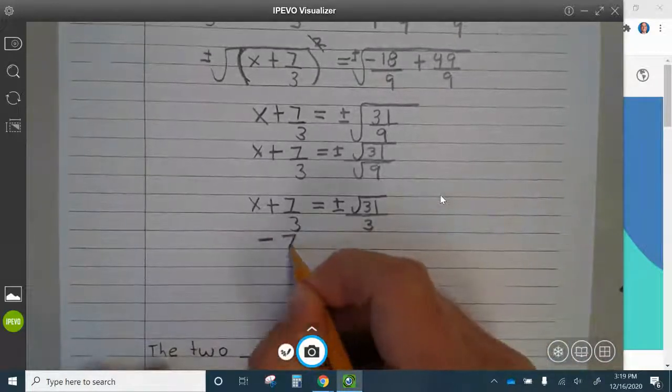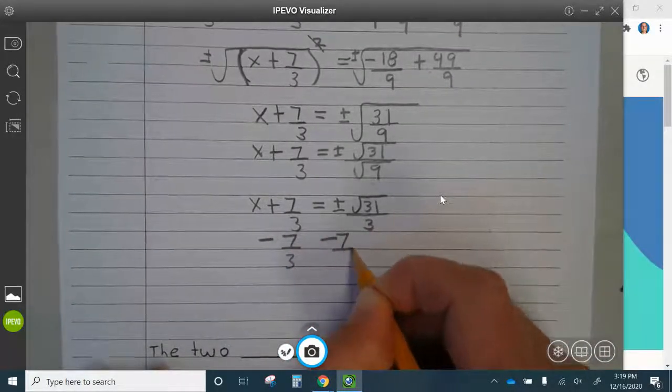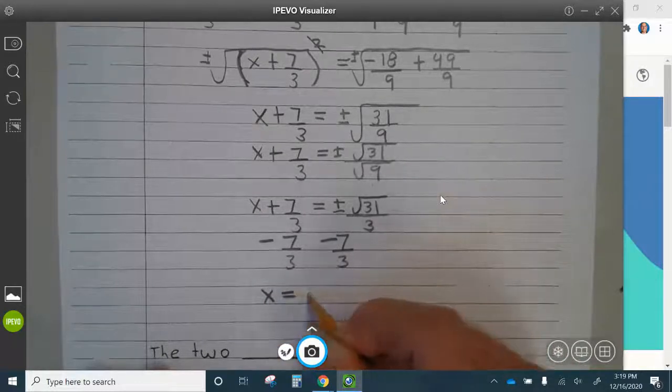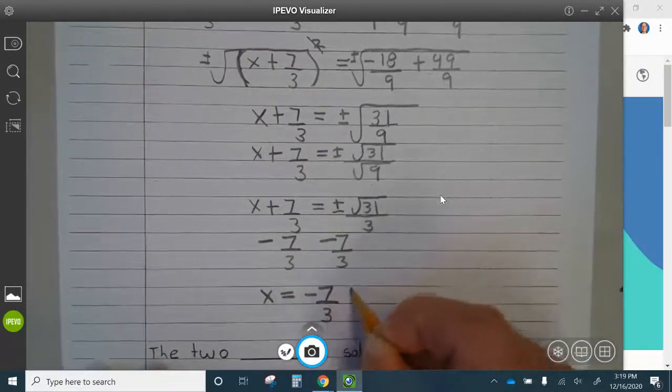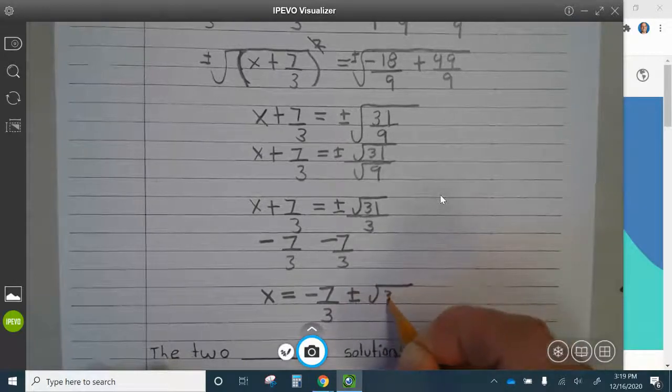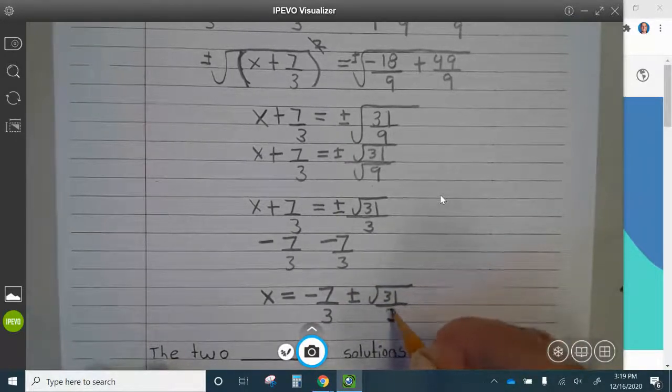Last step, subtract 7 thirds from both sides. So x equals negative 7 divided by 3 plus or minus the square root of 31 divided by 3.